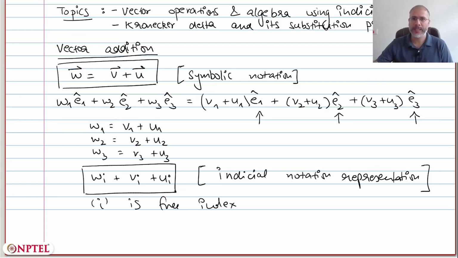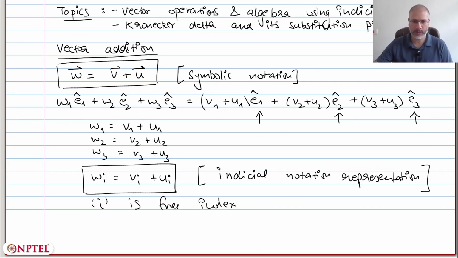And this expression is general in i, in the sense that i can take any value. So this expression is true for i equal to 1, 2 and 3, all values. So this is the way we write vector addition in the index notation. In this course, we'll be using this way for writing W is equal to vector V plus vector U.